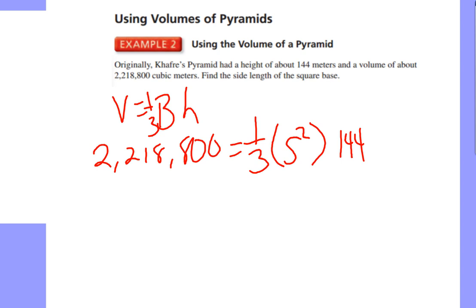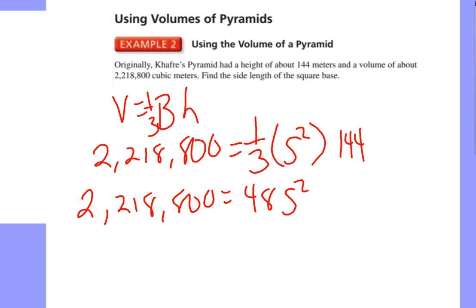So let's go ahead and solve for this. 144 divided by 3 is already 48, so I'm going to simplify that first. So 48 S squared. Then 2,218,800 divided by 48 ends up giving us 46,225 equals S squared.